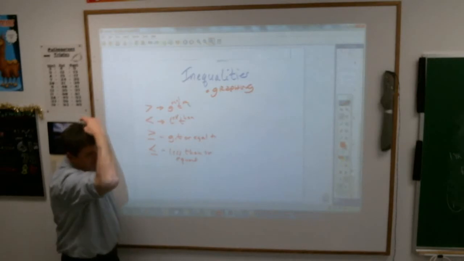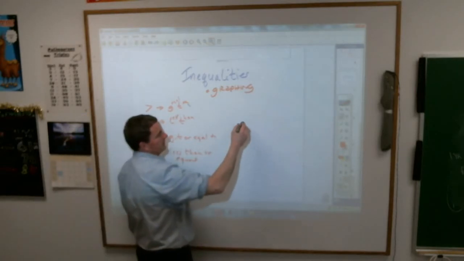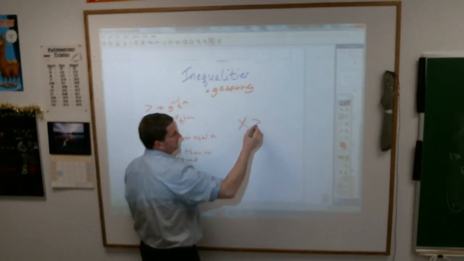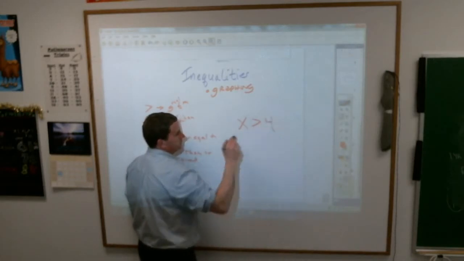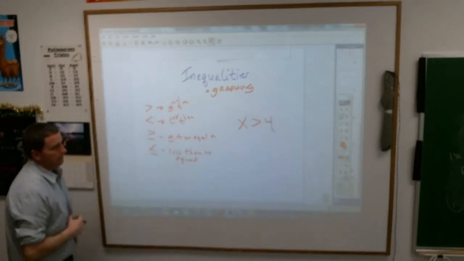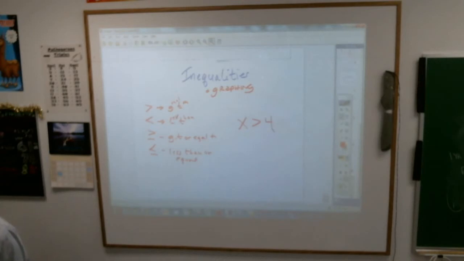When you have an inequality, it looks like this: x is greater than 4. If I asked you to give me a possible answer for that, give me a number greater than 4. Jacob, you would say 1,000.